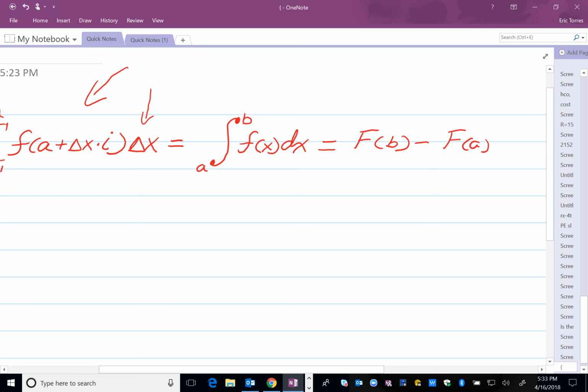But notice, one has a small f and one's a capital F, because in this formula, the function F of x has a derivative equal to little f of x. That's important because when I'm going in this direction, it's with an antiderivative. So let's see how all this notation works.